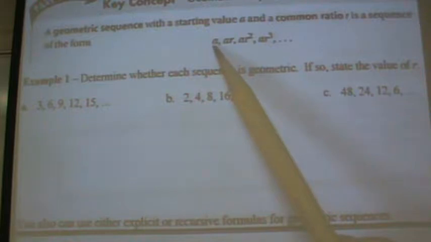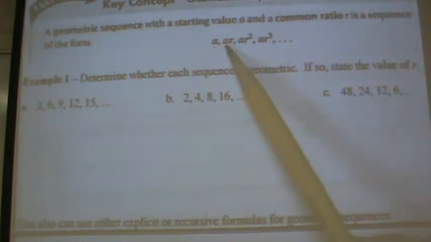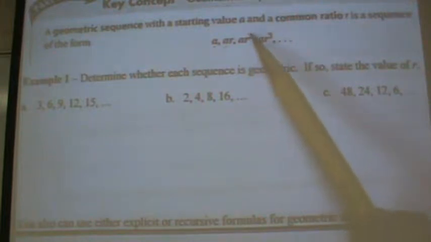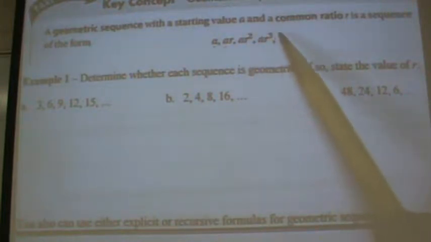So our geometric sequence is going to look something like this. We'll have our a value, which is our first value in the sequence. And then to find our second value, we just said we're multiplying by that ratio. Our third value, we're going to multiply by that ratio again. So how did we get that squared? Because these have exponents.